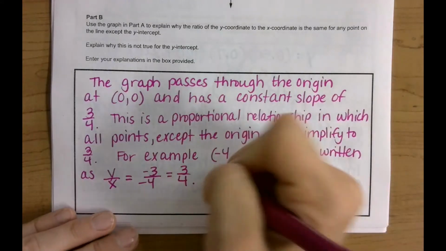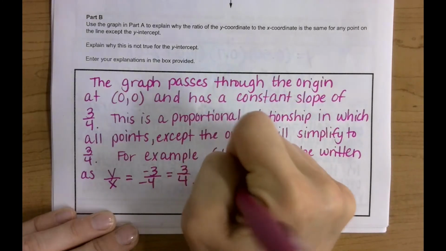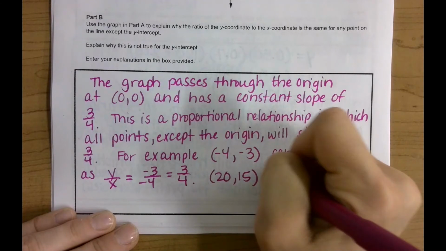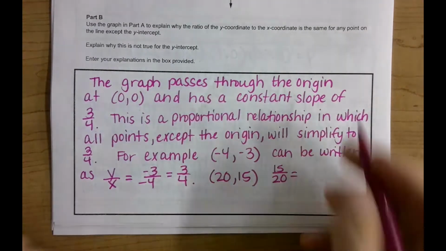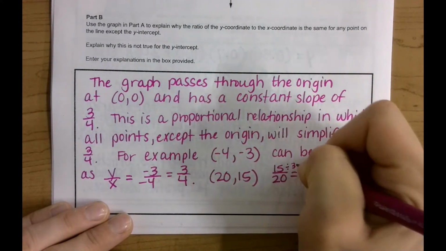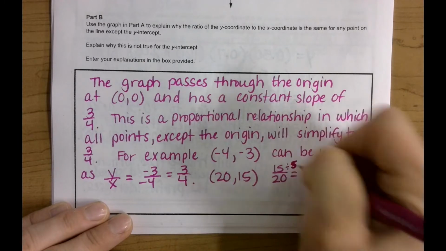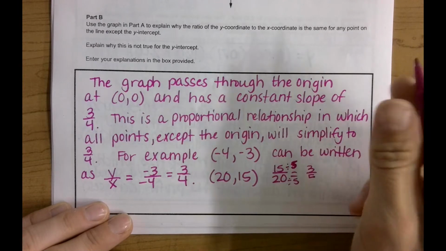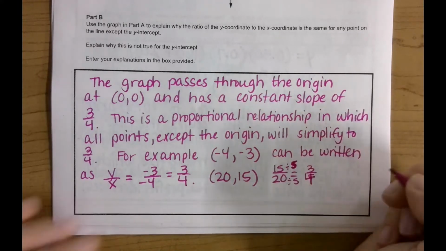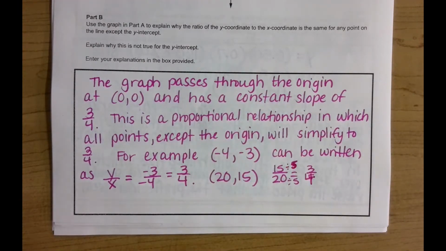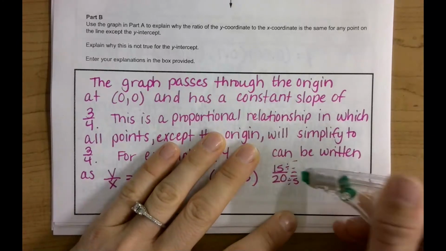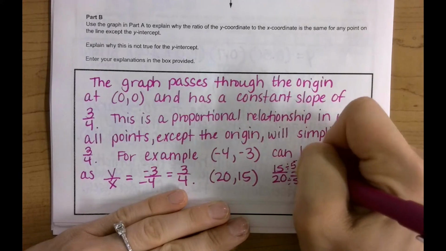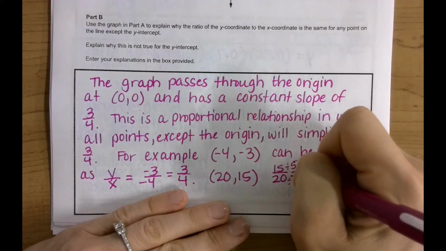The other ordered pair we were given, 20, 15. Y over x would be 15 over 20. If we divide both by 5, we would get 3 over 4. Oh my goodness, if I can do math right now. 15 divided by 5 is 3, and 20 divided by 5 is 4, 3/4.